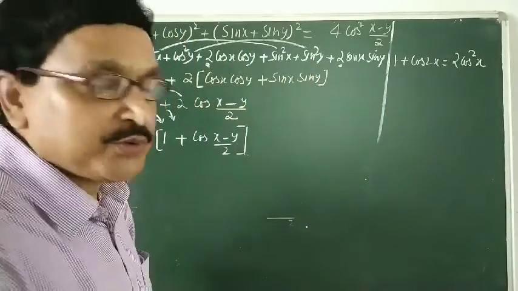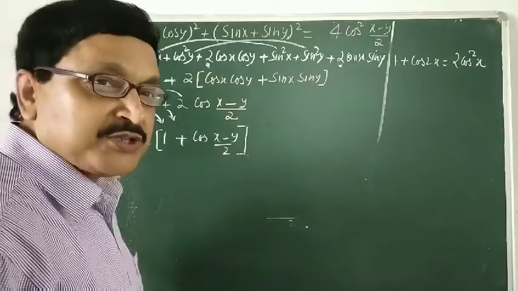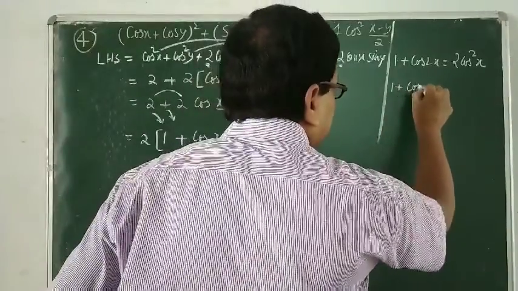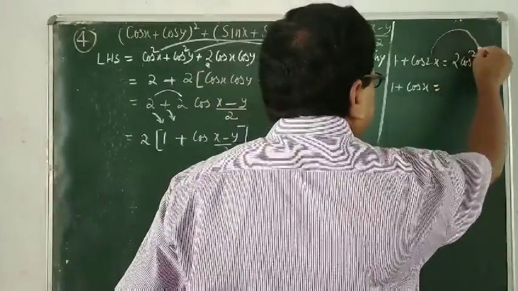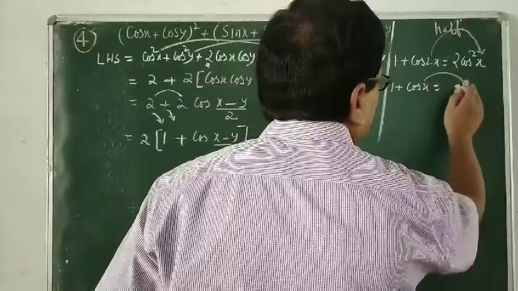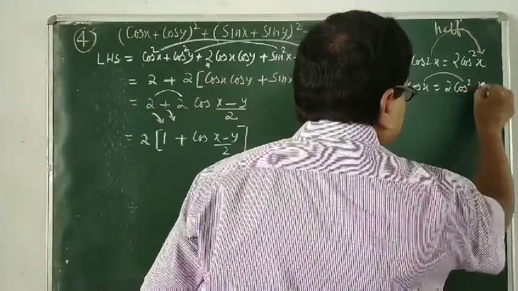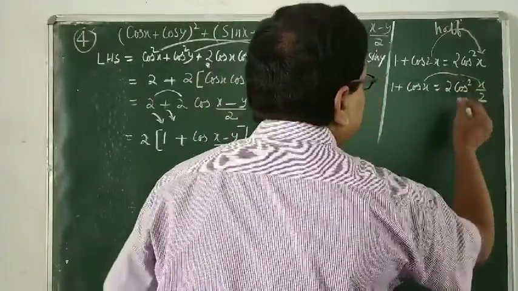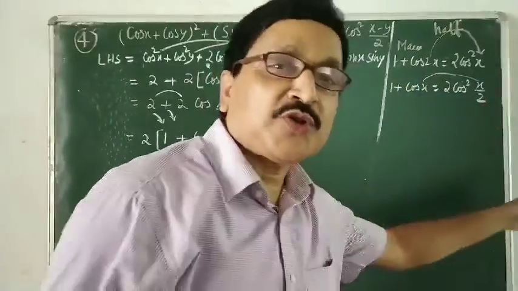This formula I am going to use. But in place of 2x, this angle is available, so it is not easy to use the formula. Just see 1 plus cos x, moving on the same pattern: 2x becomes x, so x becomes x by 2. So this is 2 cos square x by 2. Students, remember the main formula: 1 plus cos 2x is 2 cos square x.